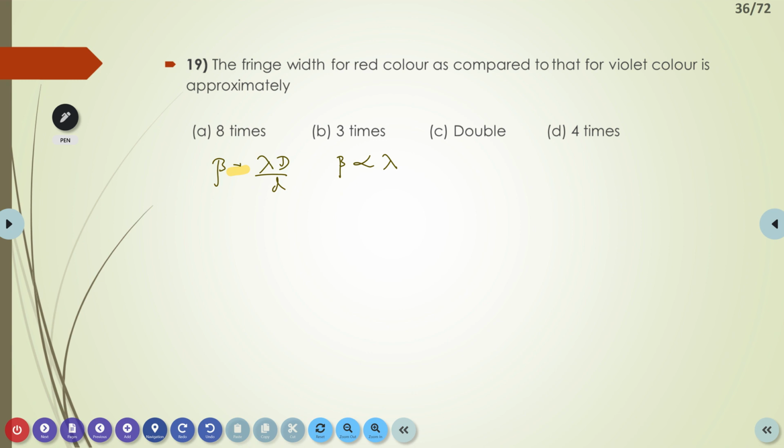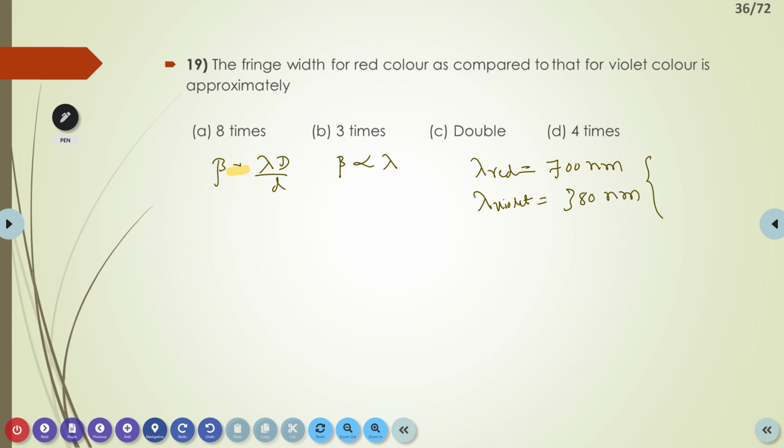If lambda is more, then beta is more. But one should know the approximate value of lambda. Lambda of red color is 700 nanometer, and lambda of violet color is nearly 380 nanometer.